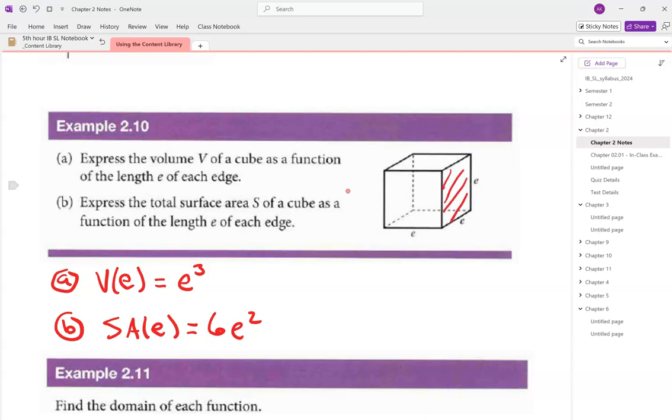E squared. How many faces do we have? 6. So 6e squared. I think you said 6e times e squared. Oh, okay. That's okay. Maybe I misheard. But you had absolutely the right idea. The 6 was the hard part to come up with, but it's like, how many sides is on a dice? What shape is a dice?